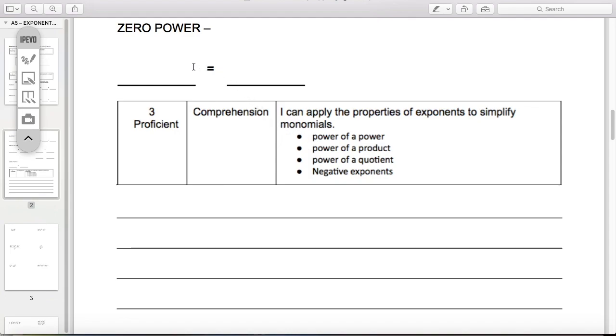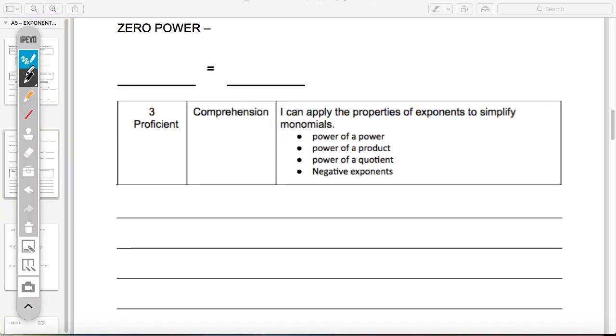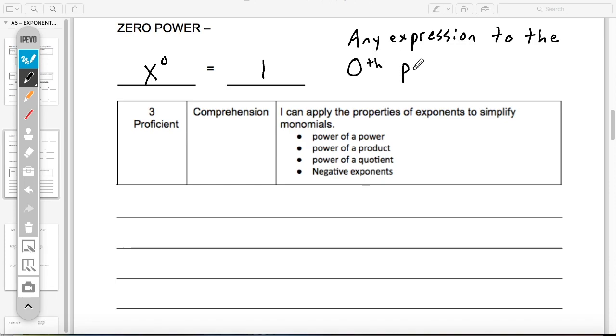Okay, so let's take a look at the 0 power. Generally, x to the 0th power equals 1. Okay? In fact, any expression to the 0th power equals 1.